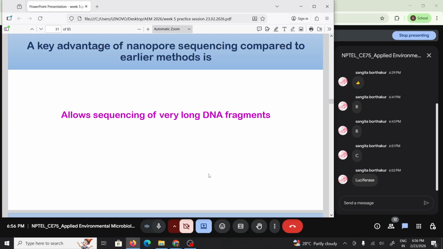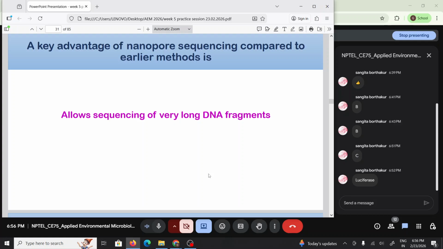The primary advantage is that it allows the sequencing of very long DNA fragments. Apart from that, when comparing it to Sanger or NGS, there are advantages that it allows real-time data analysis.